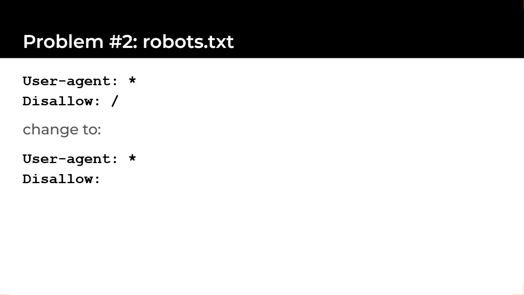As odd as it may seem, the robots.txt specification requires it to have at least 1 disallow per record, and an empty disallow means allow everything. Not exactly intuitive. You can also change it to an empty file, which will allow all bots. I sometimes add a comment line that says empty file, so that when I look at it later, I'll know that that was intentional.